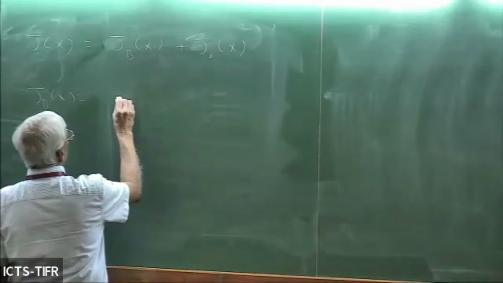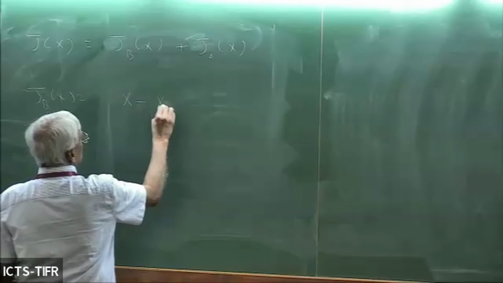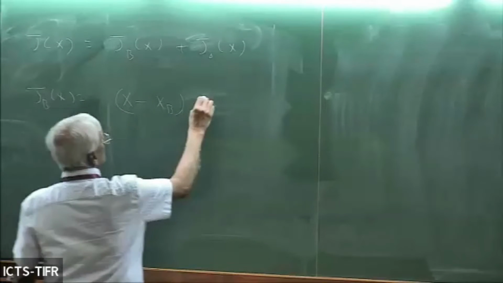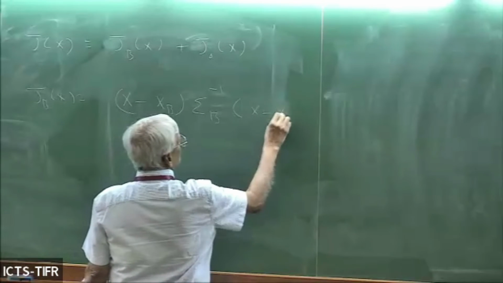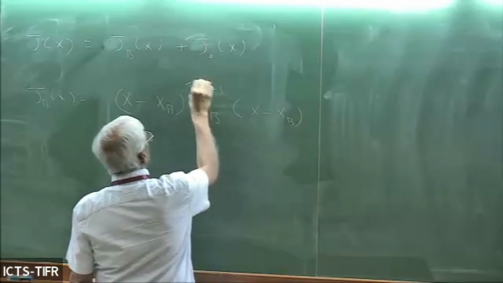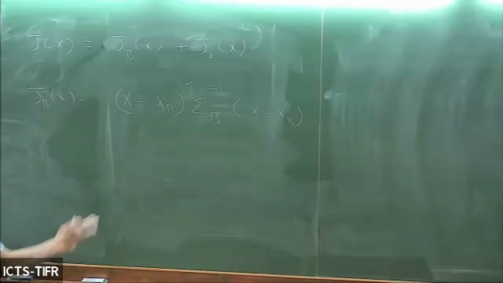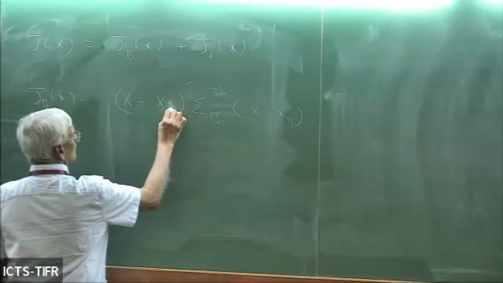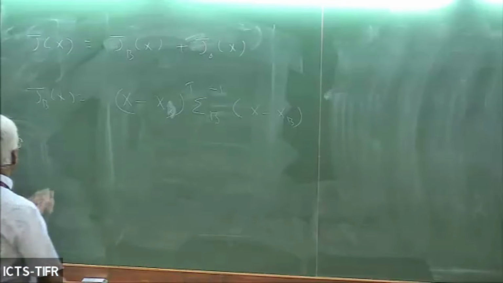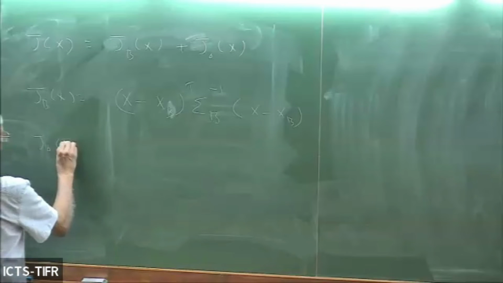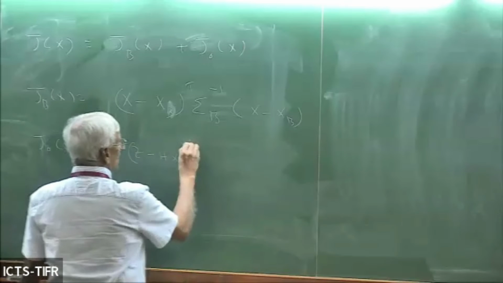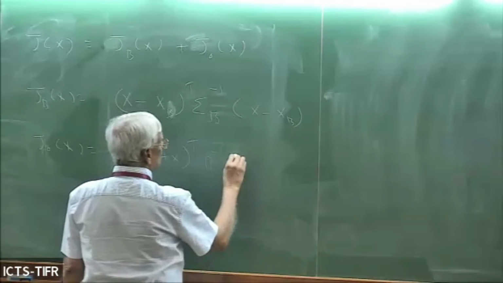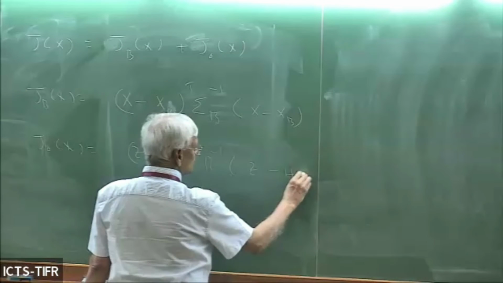So what is Jb? Jb is equal to (x minus xb) transpose sigma b inverse (x minus xb). And Jo of x is equal to (z minus h of x) transpose R inverse (z minus h of x).